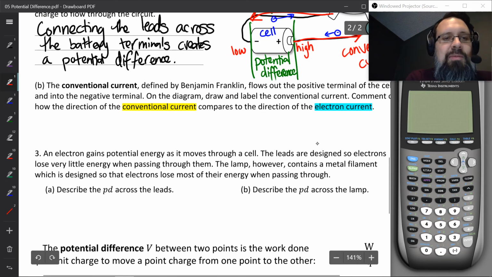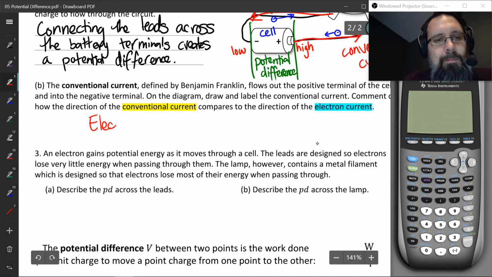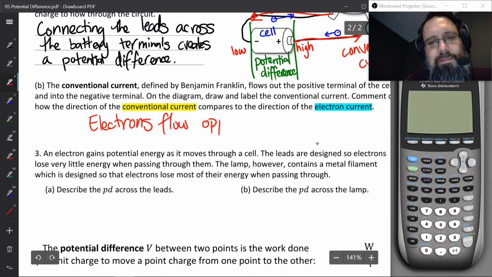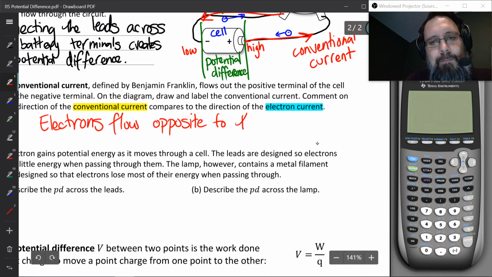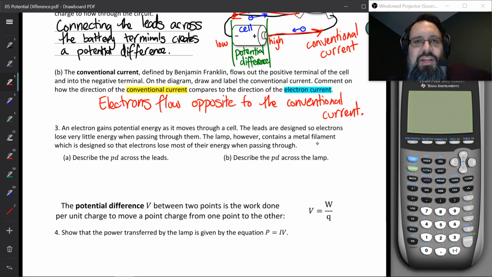So we just want to make sure that we mention here that the electrons flow opposite to the conventional current. So that's why we call it the conventional current, because it's wrong. It's a convention. It was agreed upon that we would define the current to be the direction of positive charge flow. What are your thoughts, guys?